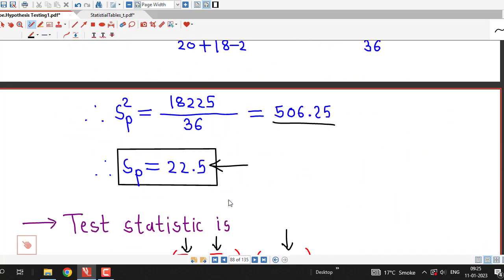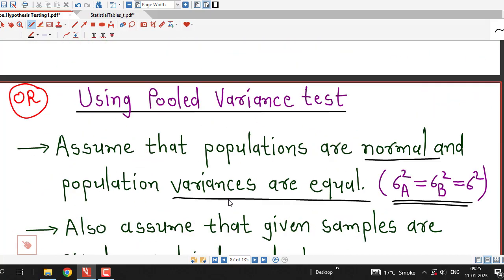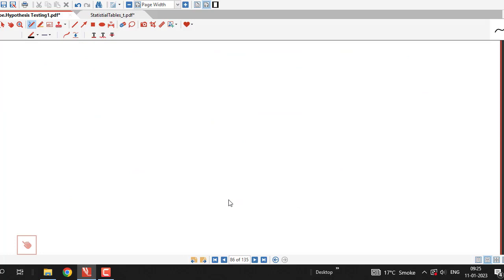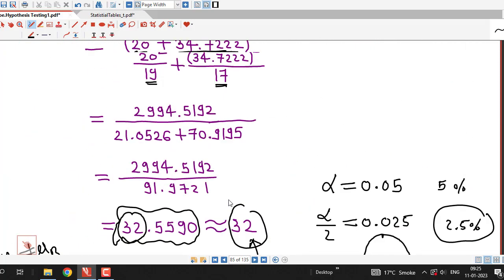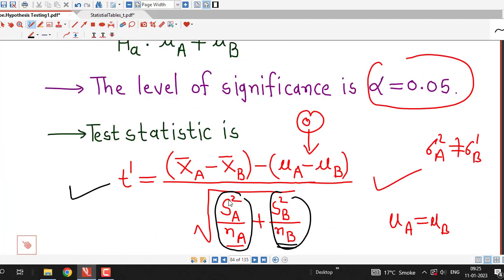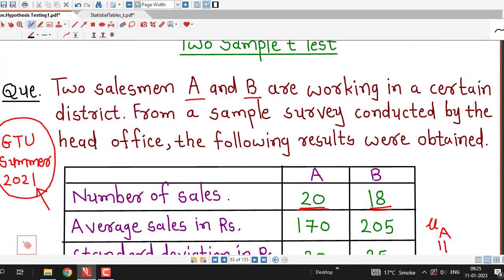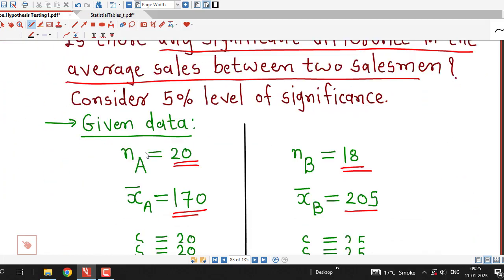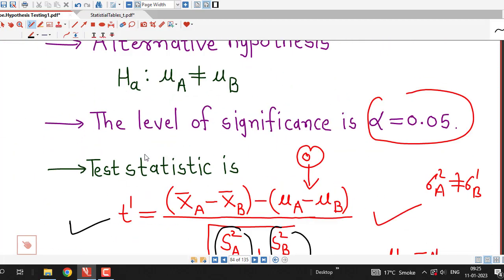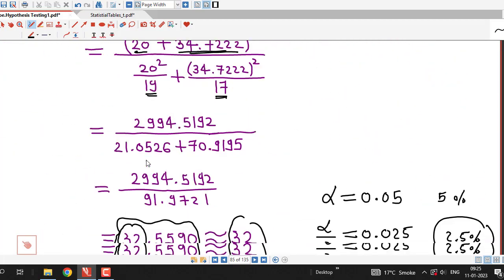So I have done this question using both approaches, or both situations, that we don't know whether the population variances are equal or unequal. So we first assume that they are unequal and apply the corresponding t test, and in the second situation we assume that both are equal and apply the two sample t test using the pooled estimator.